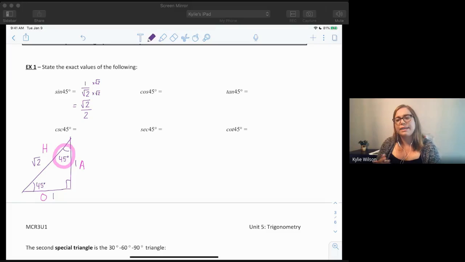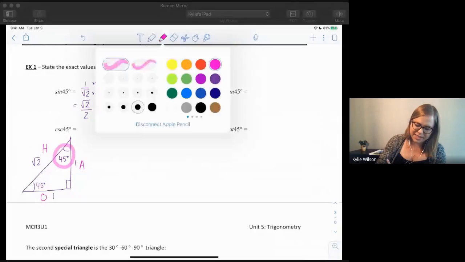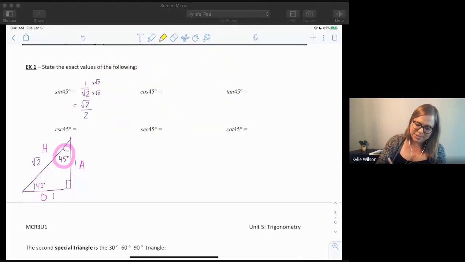Depending on the text you're looking at, sometimes you'll see it like this, and sometimes you'll see it like this. These two things are the exact same thing, just in different forms. Because we don't like having radicals on the bottom, this is my preference, but if you're online, you might find this in other resources.